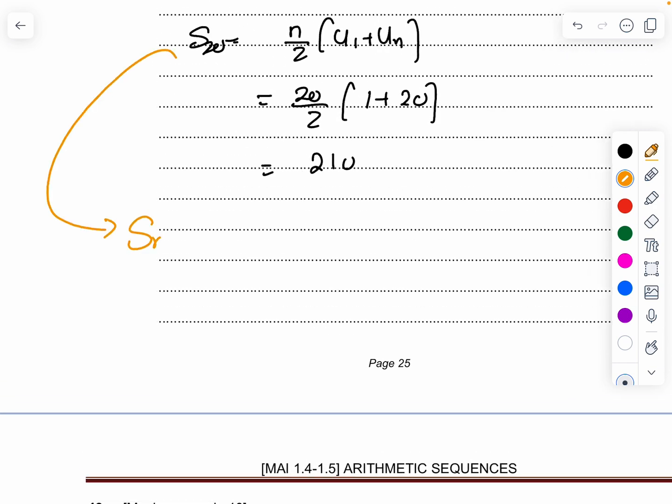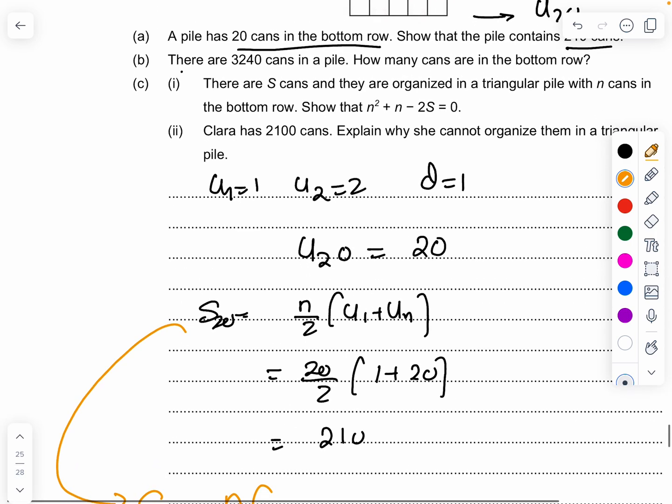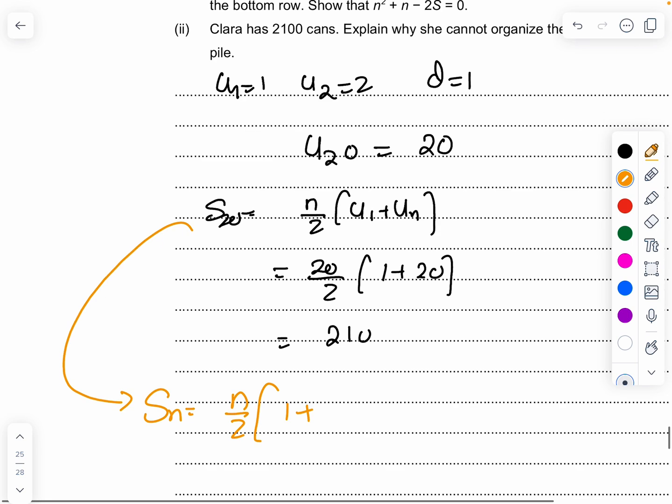We don't know n, but Sn is n upon 2 times U1. U1 is nothing but what? 1, and the last term, we also don't know, Un, and this should equal 3240.